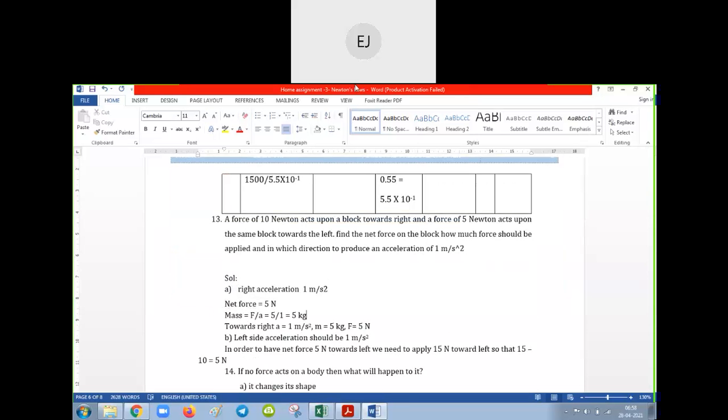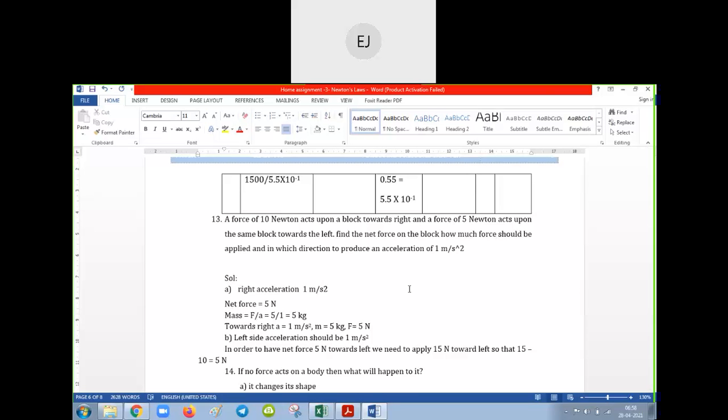They didn't mention whether it has to be right side or left side, so we have to take both cases and solve for both.